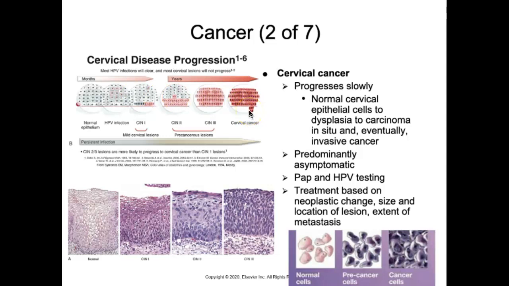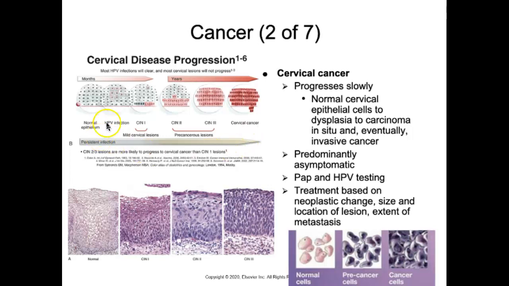The precancerous lesion or the dysplasia that starts to take effect is going to develop into CIN, which stands for cervical intraepithelial neoplasia, and can eventually progress into what we call CIS, the carcinoma in situ.